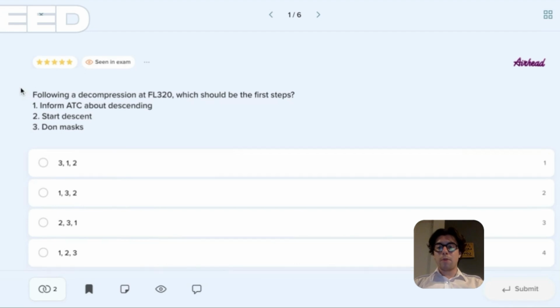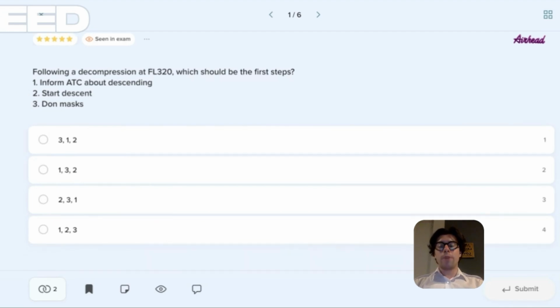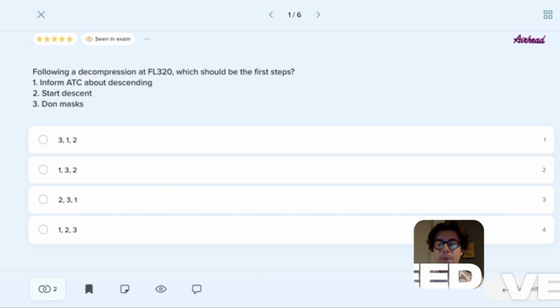So question number one. Following a decompression at flight level 320, which should be the first steps? Inform ATC about descending, start descent, and don the mask. So, of course, when the decompression happens at such high altitude, the pilots will have a couple to 20, 30 seconds of useful consciousness, before they will be incapacitated and unable to continue the flight.